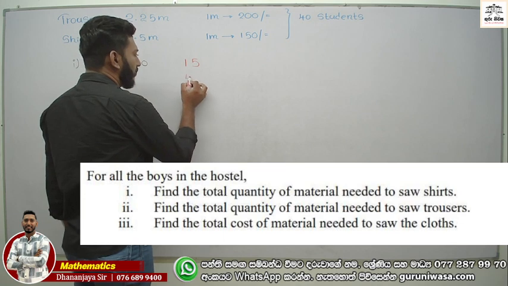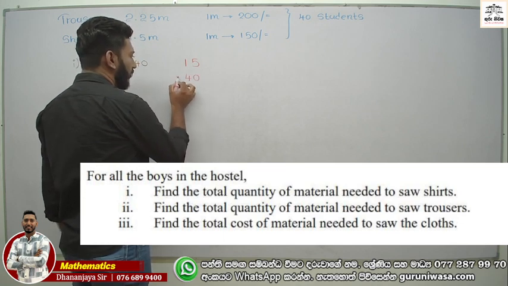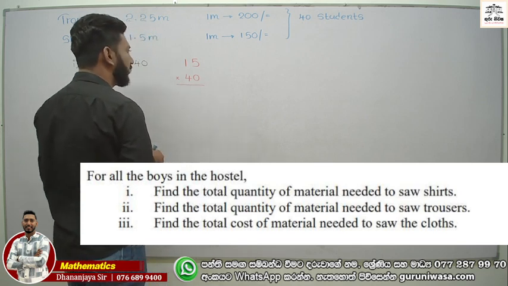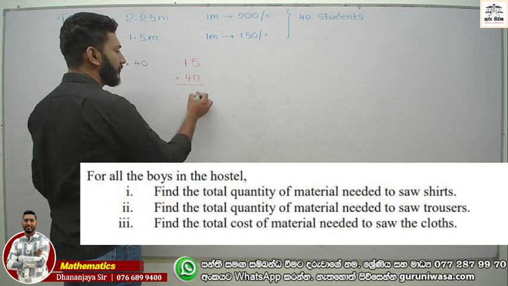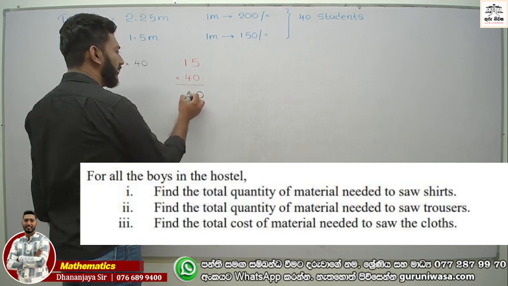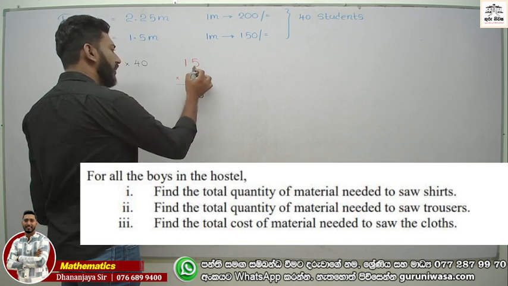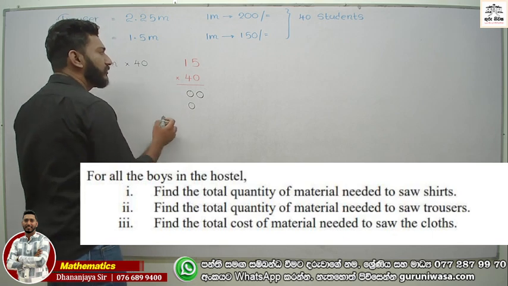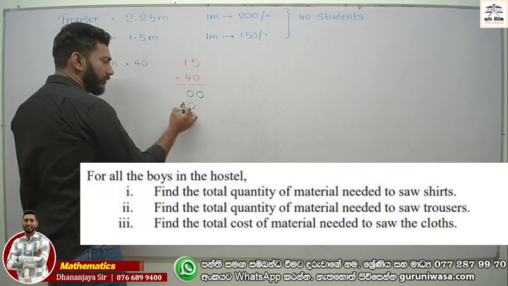Now I am going to multiply by the 40. 0 times 5 is 0, and 0 times 1 is also 0. 4 times 5 is 20, you have to skip the place, and 2 remainders. 4 times 1 is 4, and 2 is 6. Now add these two.